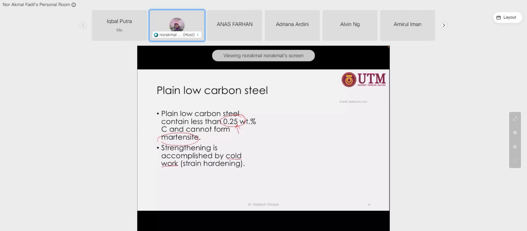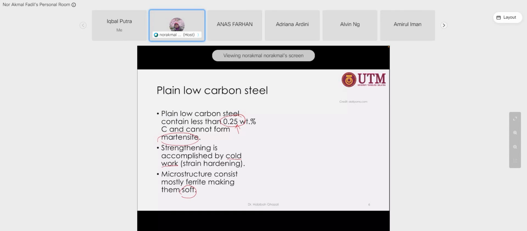No way, because it won't be able to be hardened by heat treatment process. If you conduct the heat treatment, you cannot increase the strength or hardness because there's no martensite formed. Why? Because of the small amount of carbon. The microstructure consists mostly of ferrite, making it very soft.